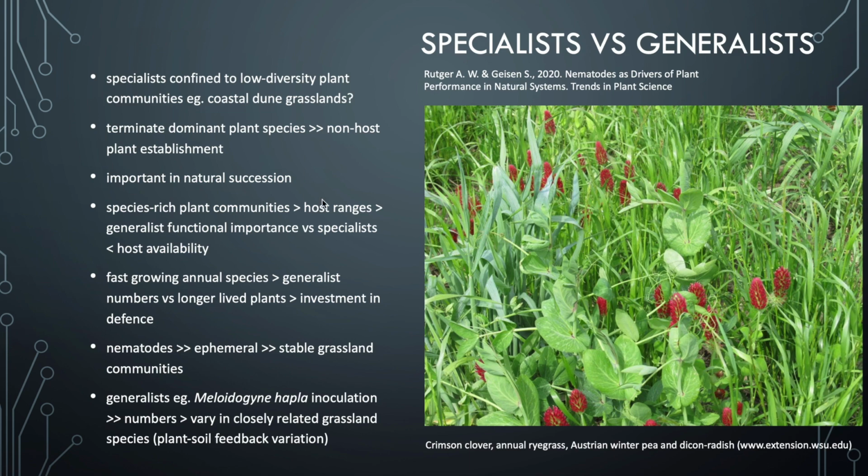So species-rich plant communities have increased host ranges, and therefore they increase generalist functional importance versus specialists, which rely on reduced host availability. So they rely on a specific family of plants or specific species of plants only for their survival.